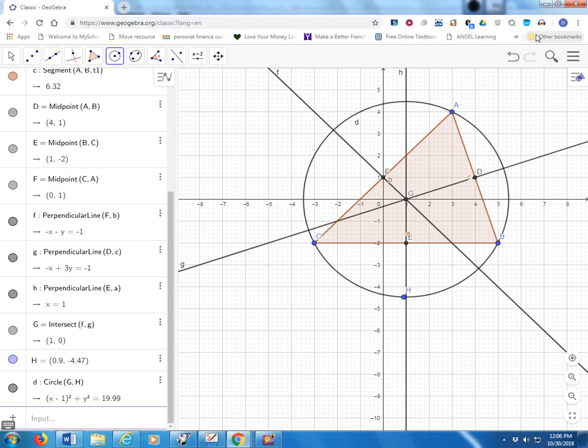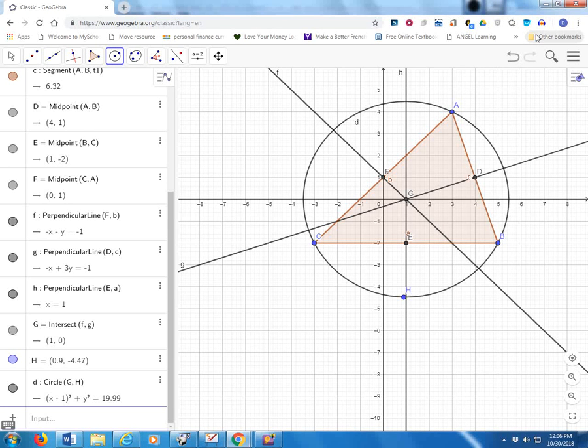What do we know about the radius of a circle all around the circle? If I tell you that the radius from G to A, because that's a radius, right, is 3, what do I know the radius is from G to B and G to C? 3.